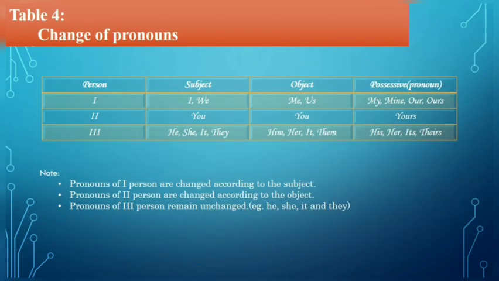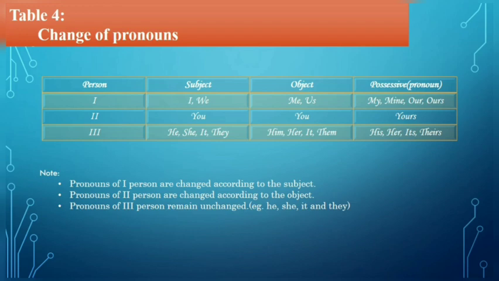Change of pronouns. Persons. First person subject: I singular, we plural. First person object: me singular, us plural. Possessive pronoun first person singular: my, mine. Our, ours is plural. And second person subject: you, singular and plural both you.